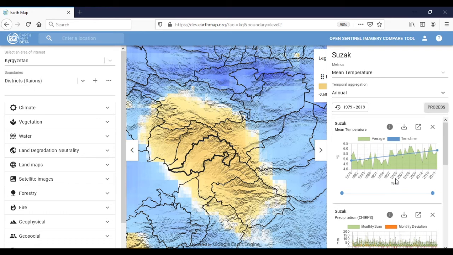With the information available in the Google Earth Engine repository, but not having the possibility to process the statistics in EarthMap at the daily basis, we created a figure that is in the Kyrgyzstan baseline atlas with the number of days with temperatures of minus 25 degrees outside the winter months.